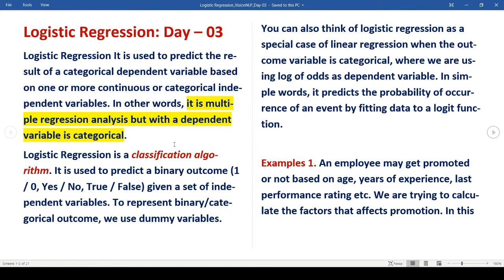That is why we specifically call it predictive modeling. Unlike that, logistic regression is more or less the same. Again, we have to predict our result, but the most important thing is the categorical dependent variable.